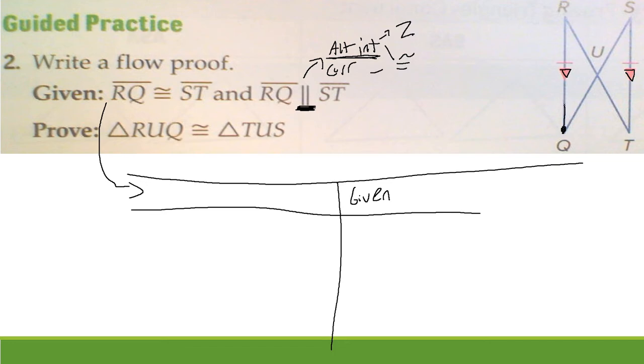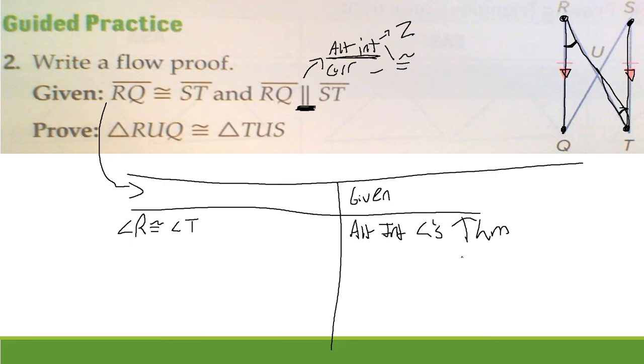If I go up to R, then down to T, then up to S, that Z pattern, the corners of this Z, this right here and this right here, the corners of that Z are my alternate interior angles. So I could say that angle R is congruent to angle T by alternate interior angles theorem, if I want to be exact about it.